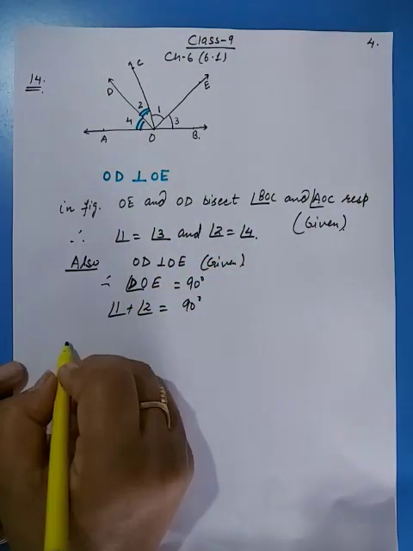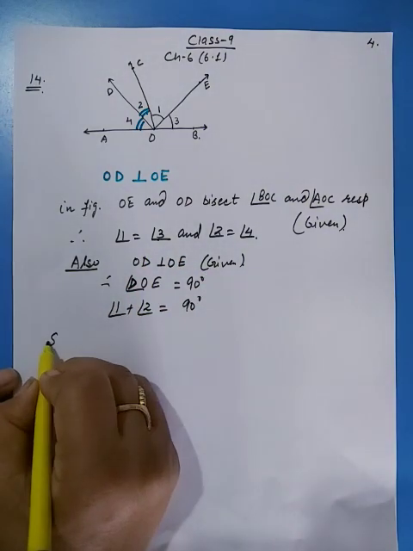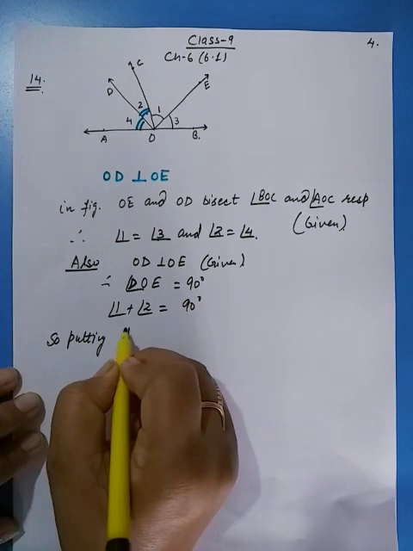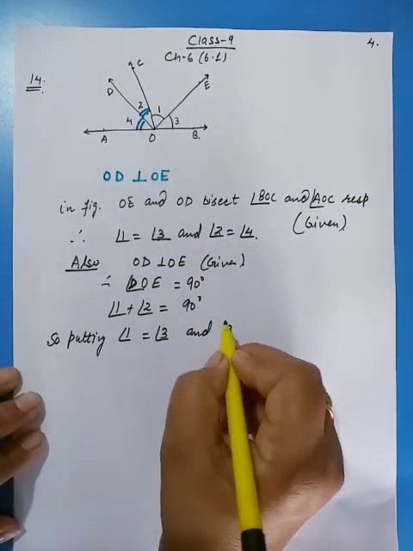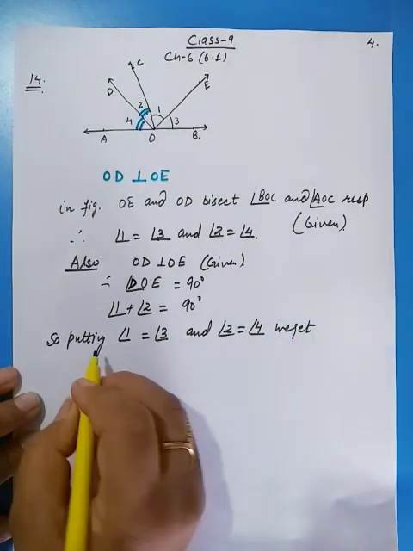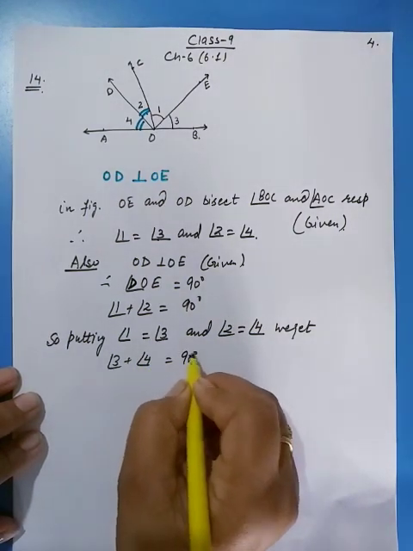But above we have proved that angle 1 is equal to angle 3. Putting angle 1 equal to angle 3 and angle 2 equal to angle 4, we get angle 3 plus angle 4 is equal to 90.